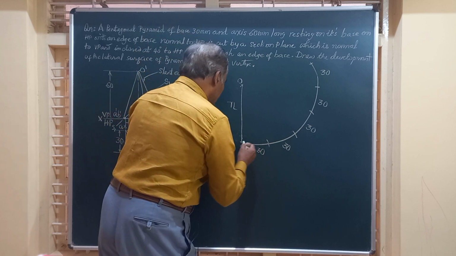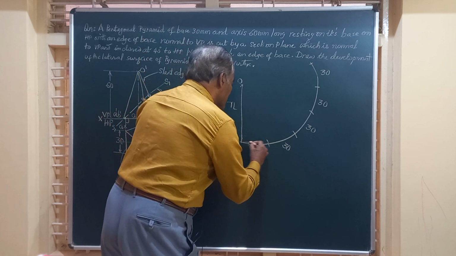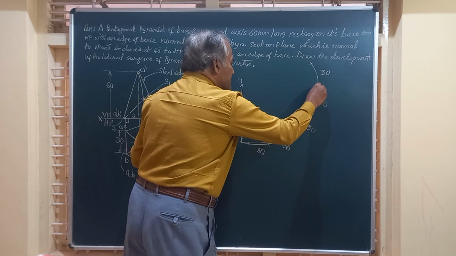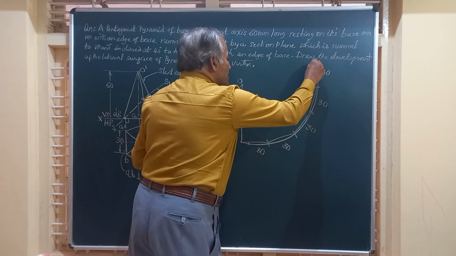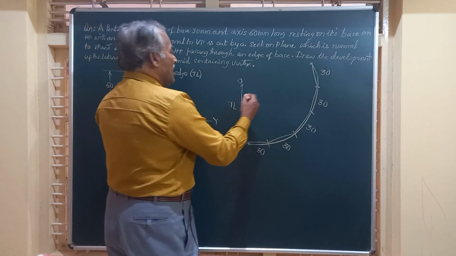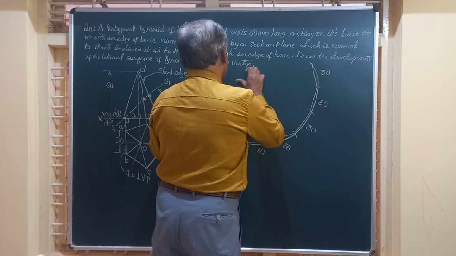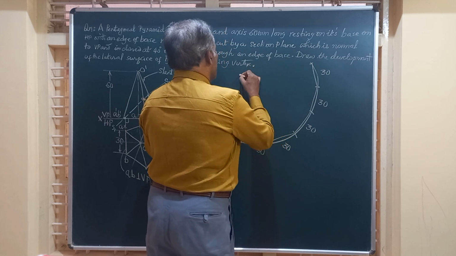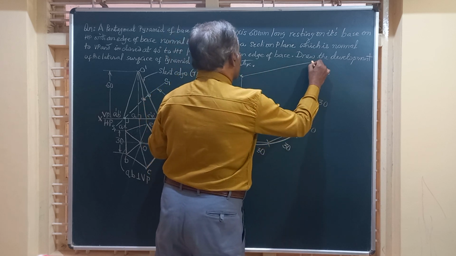So I am going to join all this by thin line to start with. Because for all the pyramids, cubes, these will be straight edges. Now friends, I am going to join the last division here. Last division of this to this point.